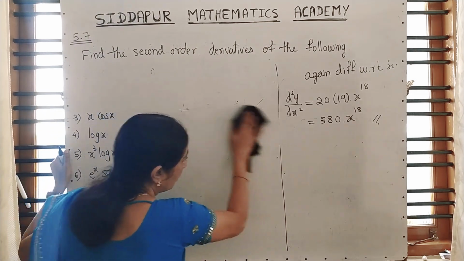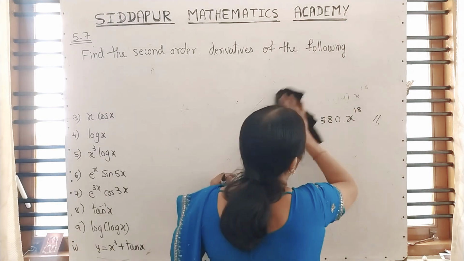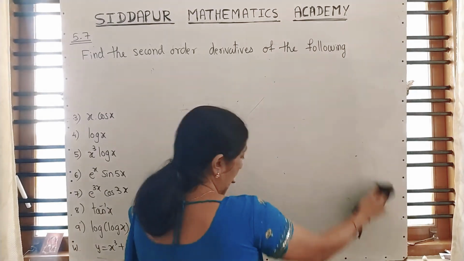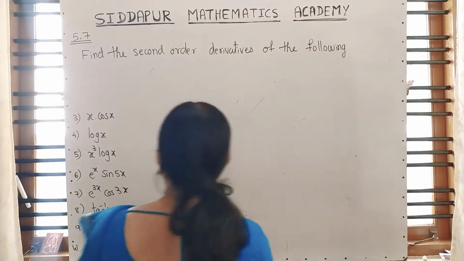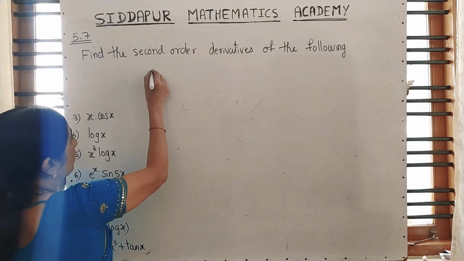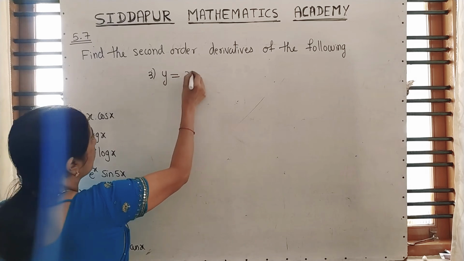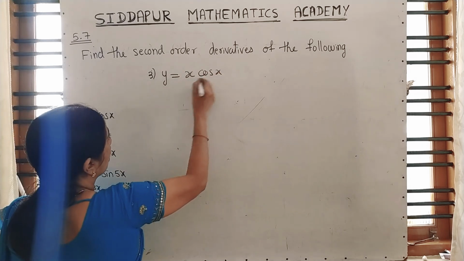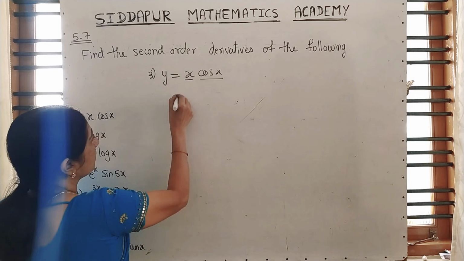If you are thorough in basic differentiation, then the second order derivative will be very simple. The only thing is we have tricks in some of these. Third one, y is equal to x cos x. This is u, this is v.